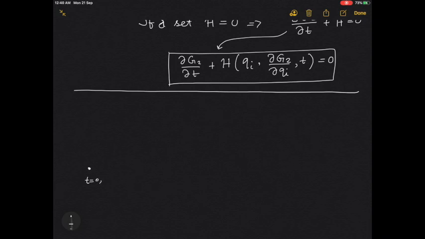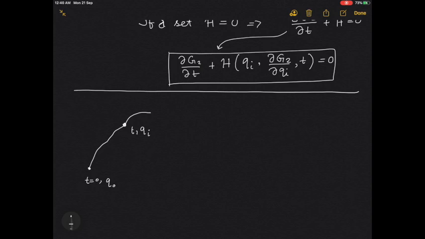We see the following, that we start with a point which is t equals 0, where the initial values of q's were q0, and then we follow a trajectory. This is the trajectory of the particle. If I go to any point in the trajectory, the value of time is t and the value of positions are q.